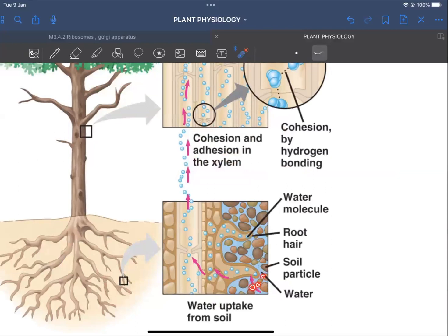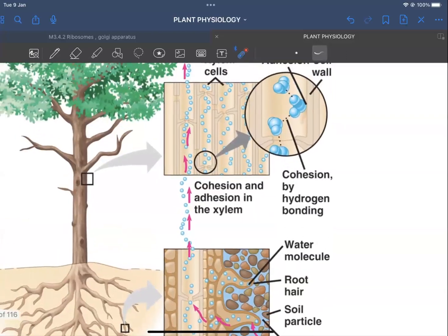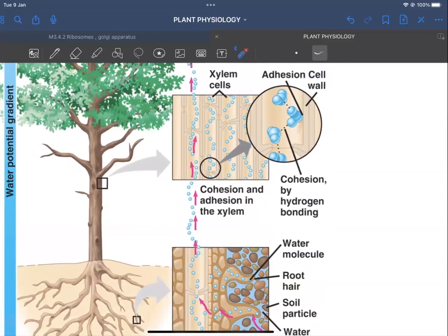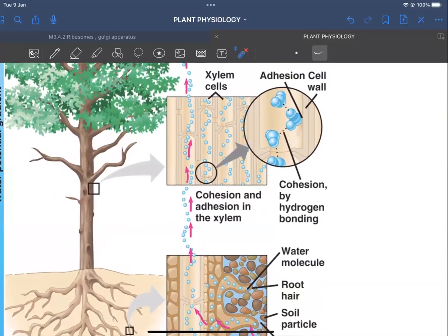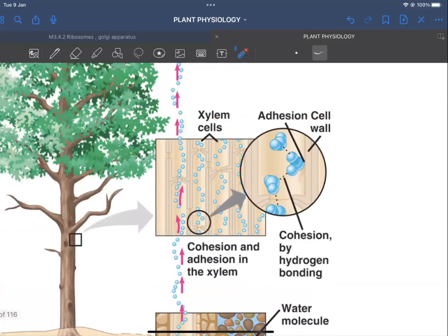The water molecules will be absorbed through the root hair cells, and then with the help of the cohesion and adhesion forces. The cohesion force, I'm sorry, is between the water molecules.